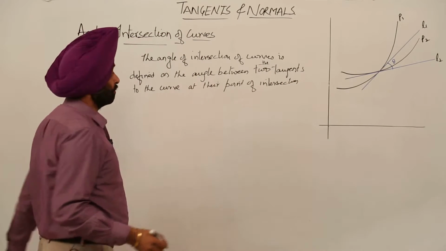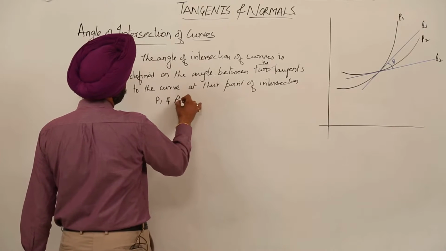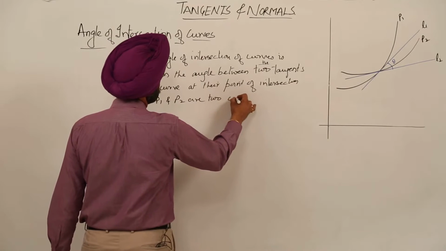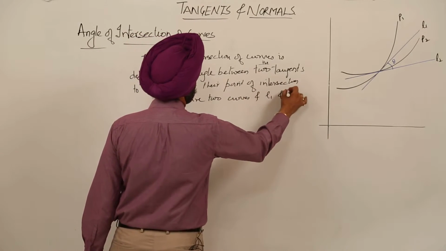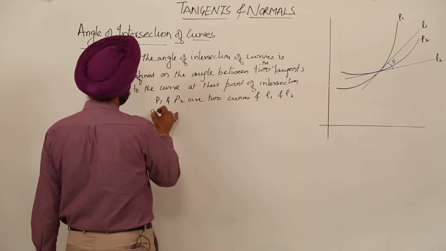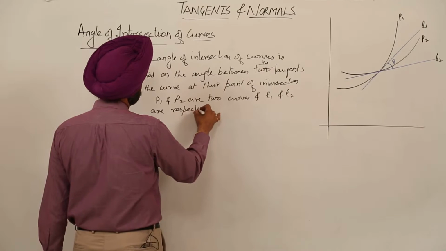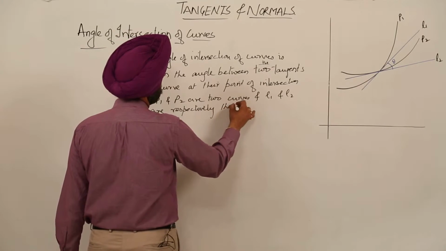Now in our figure, P1 and P2 are two curves, and L1 and L2 are respectively their tangents.